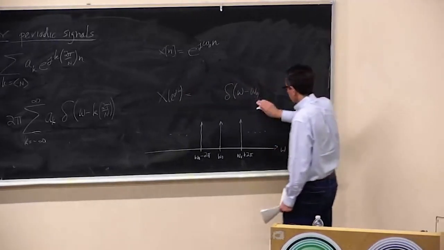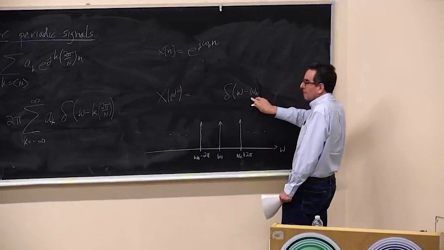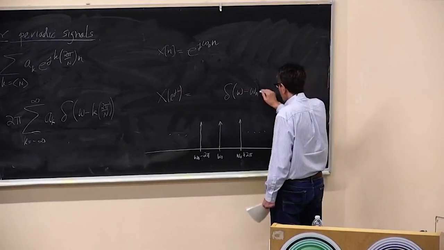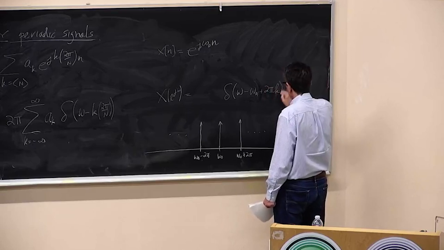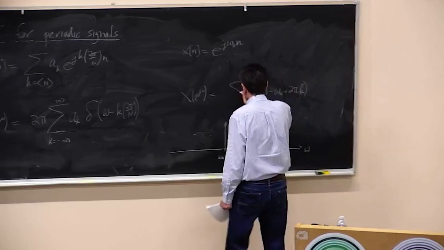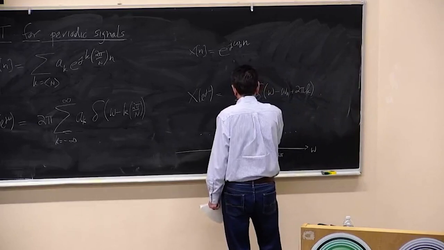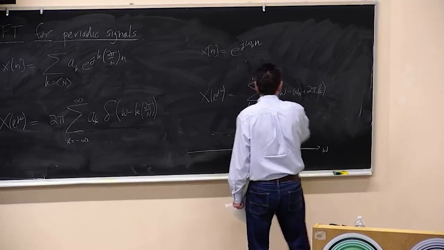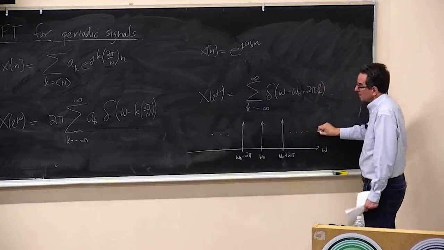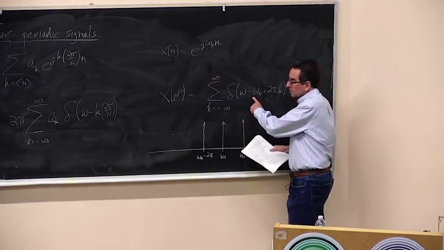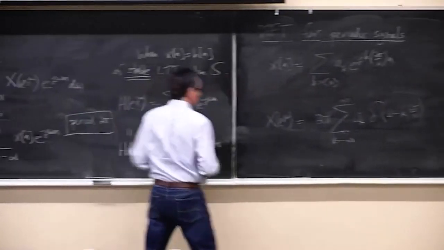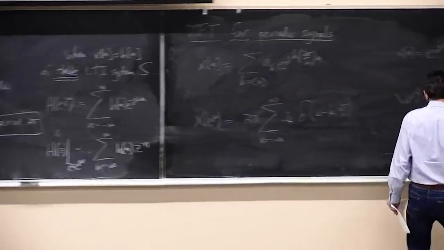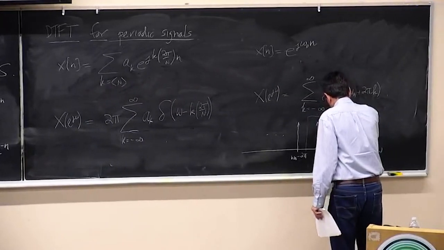And so what I have to put in here is omega minus omega naught plus 2 pi k. And I have to sum over all possible multiples of 2 pi. But now if I plug this into the synthesis equation, I'm going to integrate over one period. So why don't I pick the period that just includes this guy.